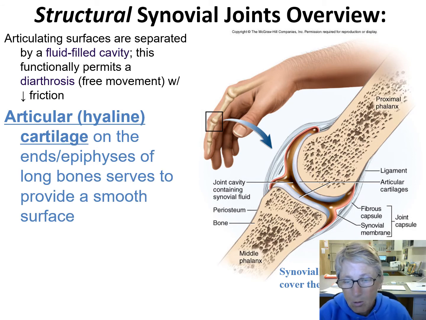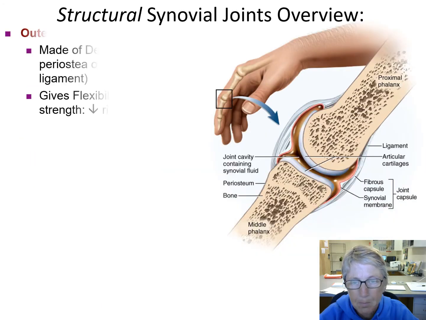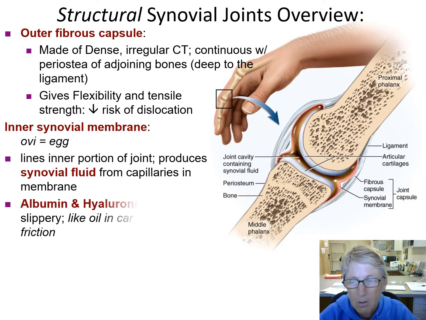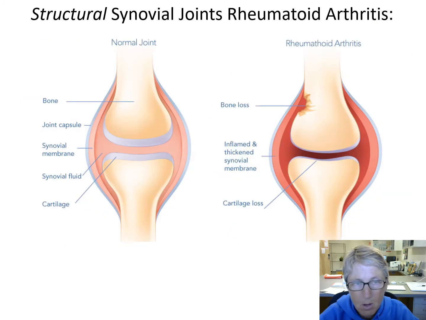The articular cartilage is called articular cartilage because it's cartilage between two articulating bones. The type of cartilage it is is hyaline, and it's there to provide a smooth surface in the joint. Here's some more details about synovial joints that you can read through.